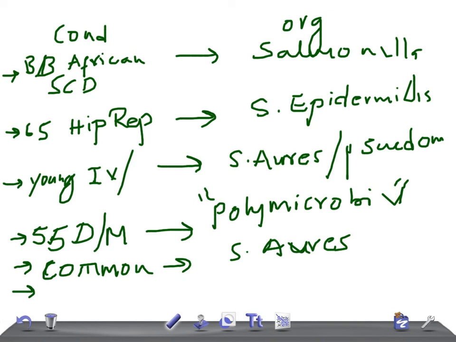Now, if there is a foot puncture wound, which organism can cause osteomyelitis? Think of Pseudomonas. Remember, whenever there's a foot wound and there is osteomyelitis, think of Pseudomonas.